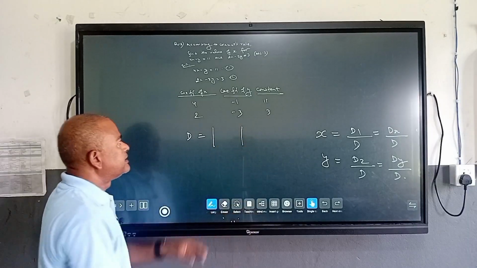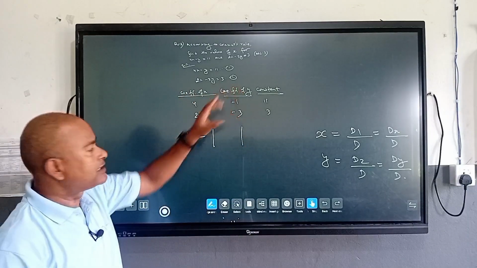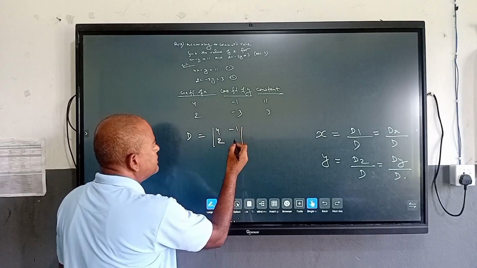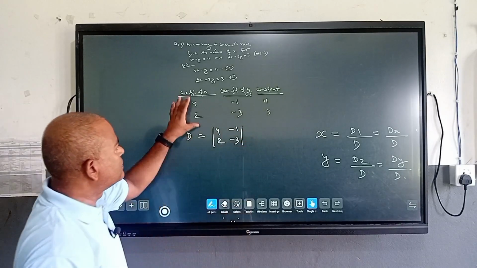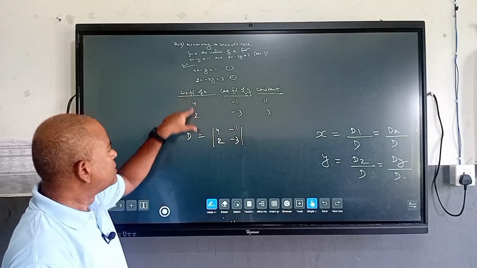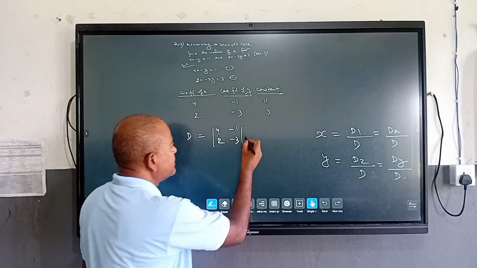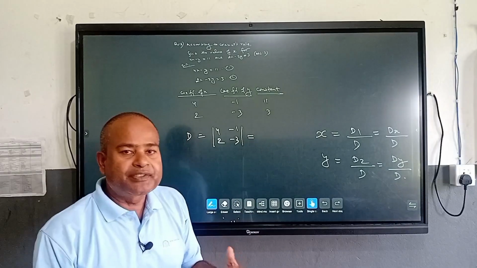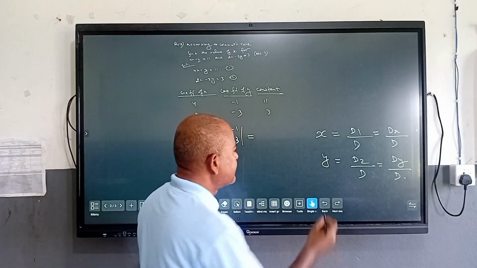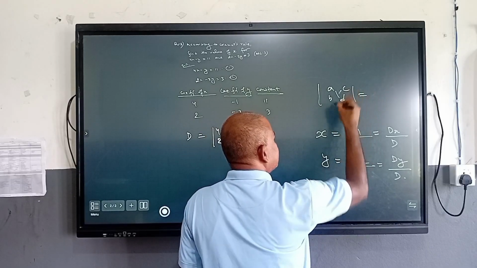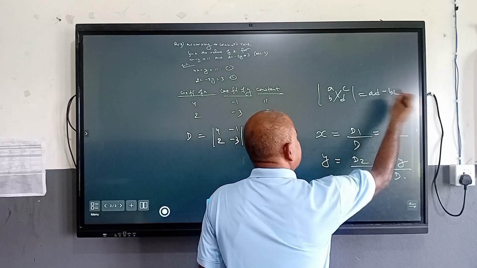D is the determinant of the coefficient of x and coefficient of y. The coefficients of x are 4, 2, and the coefficients of y are -1, -3. We know the formula for the determinant of a square matrix is AD minus BC.